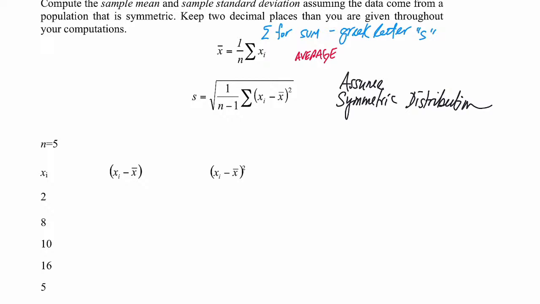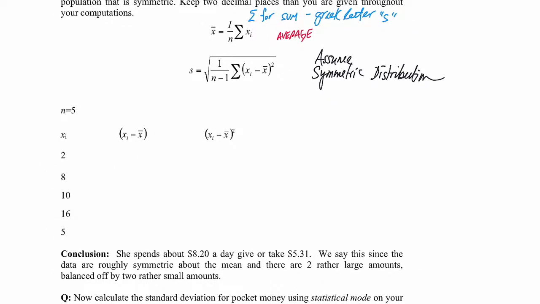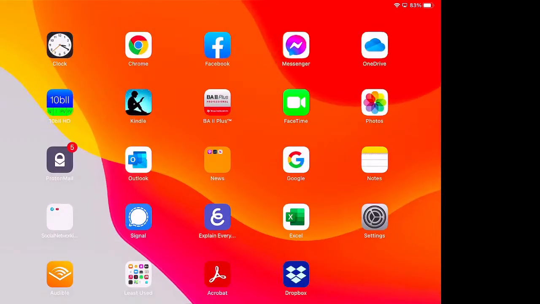So the average, we're going to do this with our calculators. We're going to use the financial calculator, and we're going to enter in these values and ask for the average. So 2, 8, 10, 16, 5. I'm going to pull up the financial calculator.